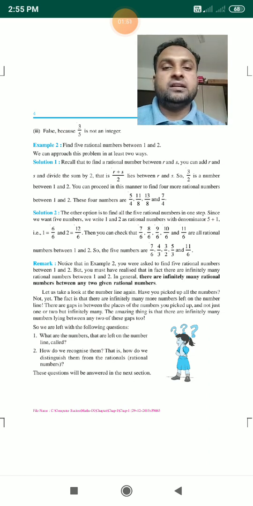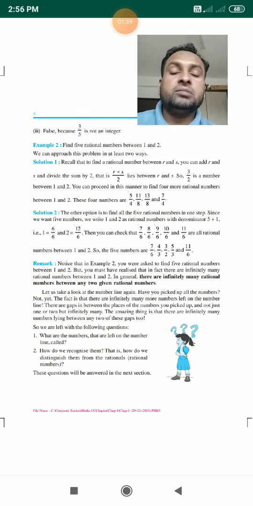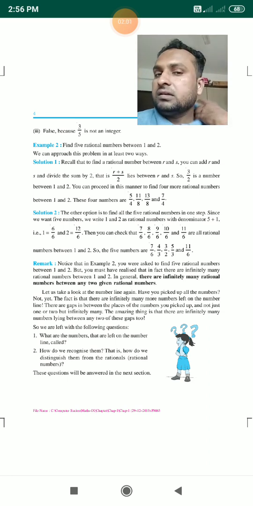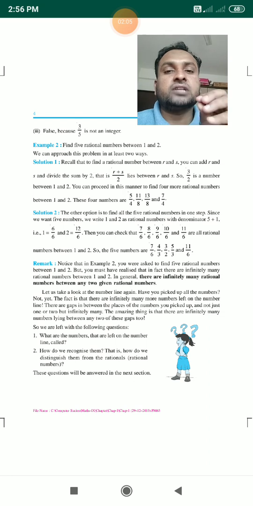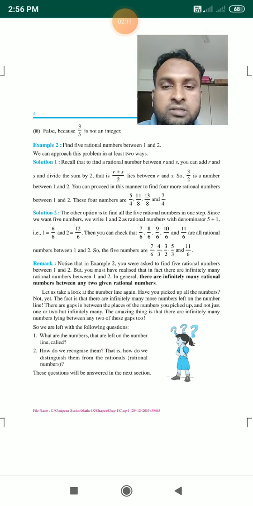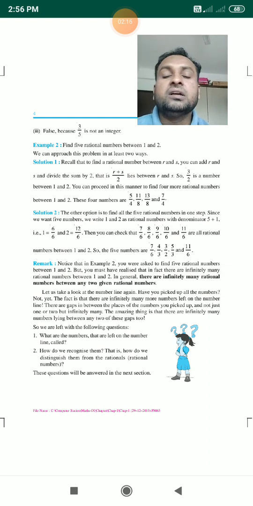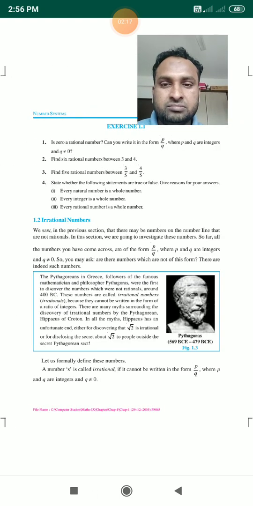These concepts you have to prepare. Then one more point you have to remember: there are infinitely many rational numbers between any two given rational numbers.